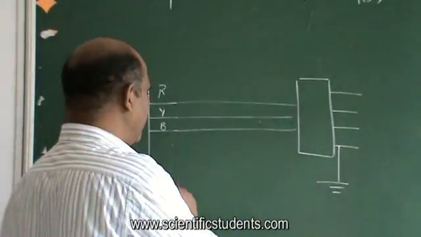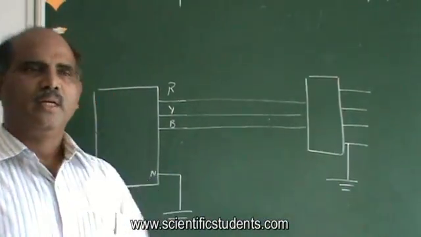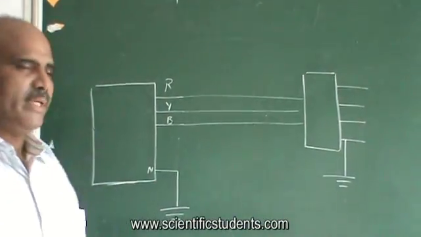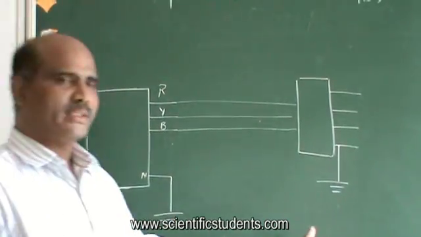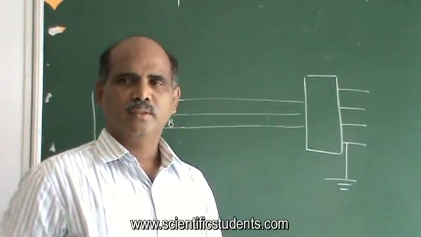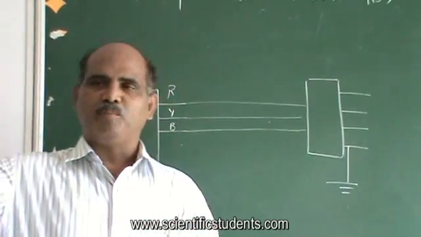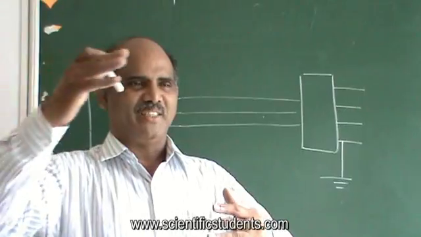So the neutral from the power generating station need not be carried to the distribution transformers, because the neutral is grounded here. Once again, wherever you want a neutral, you can take it from the ground. So you don't have to carry another cable. That's why you always see power distribution cables with only three wires.